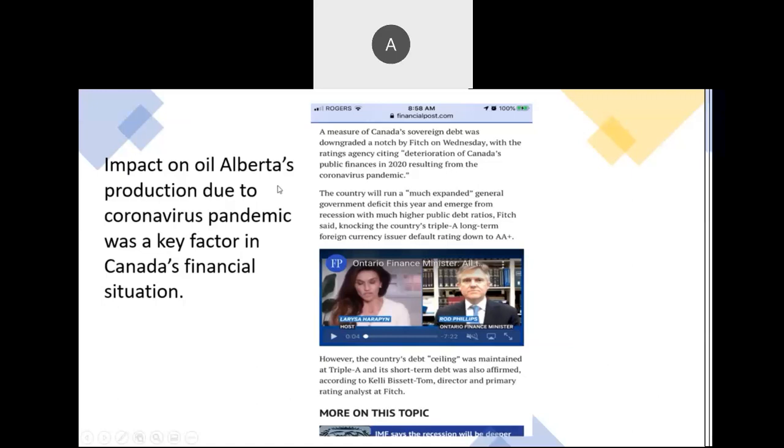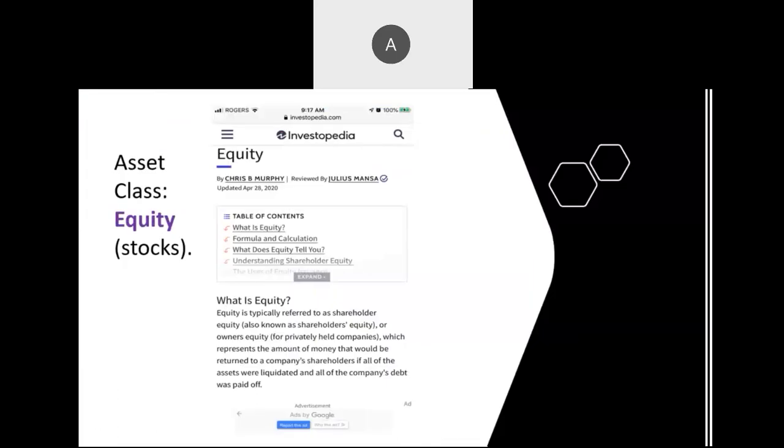Alberta's production basically stopped. And that impact on the Canadian financial situation was devastating because oil produced by Alberta is a key part of Canada's national gross domestic product.